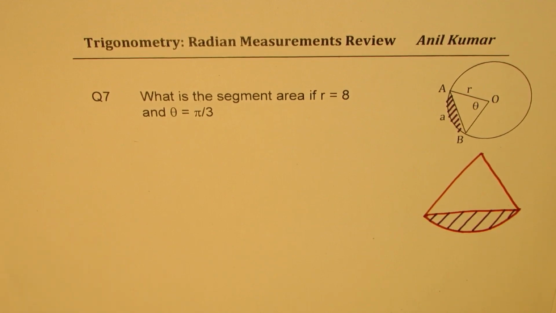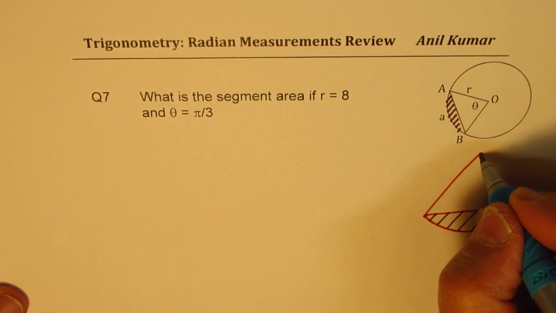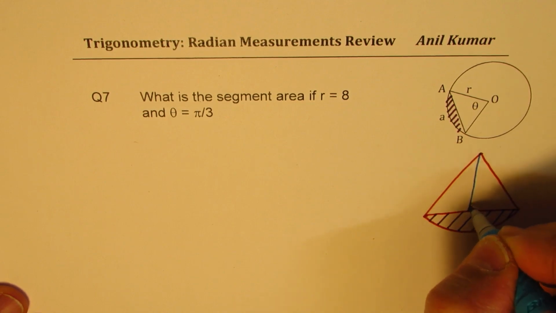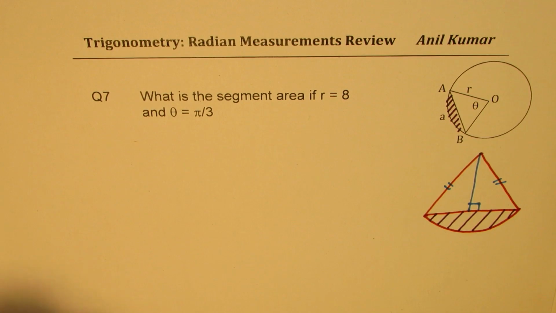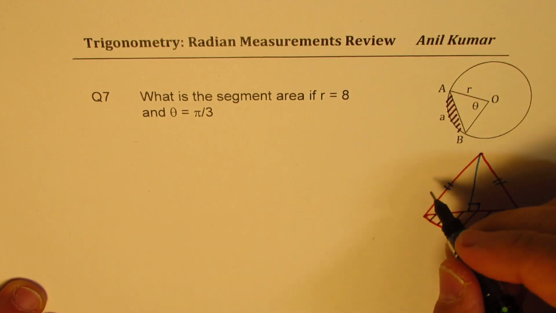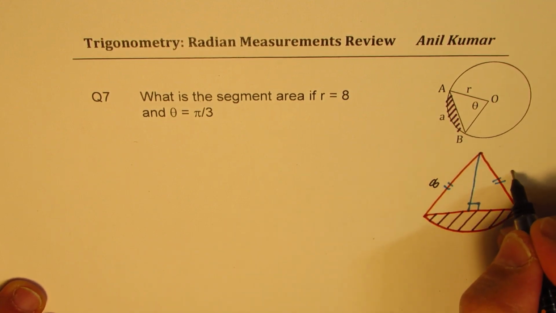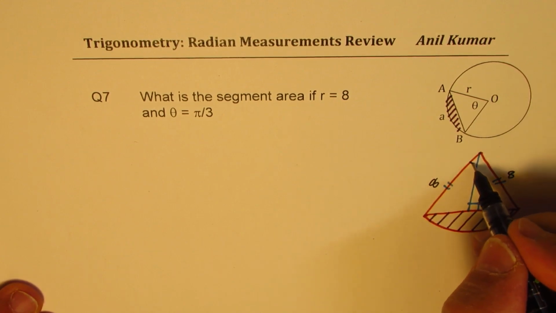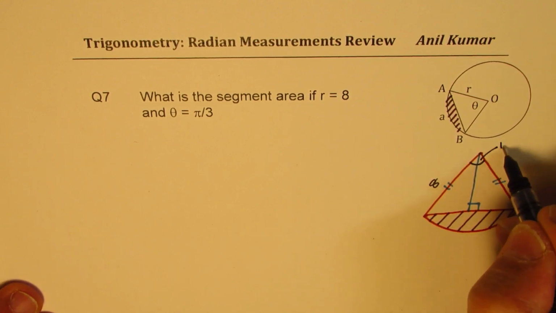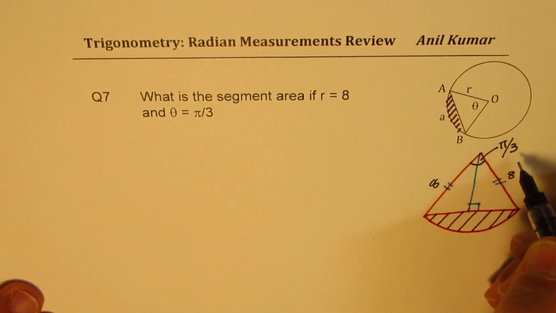Well, let's do a bit of construction here. We'll drop a perpendicular to find the area of this triangle. We know these two sides are equal and they are equal to the radius, so these sides are 8 units. And the whole angle given to us is pi by 3, which is 60 degrees.